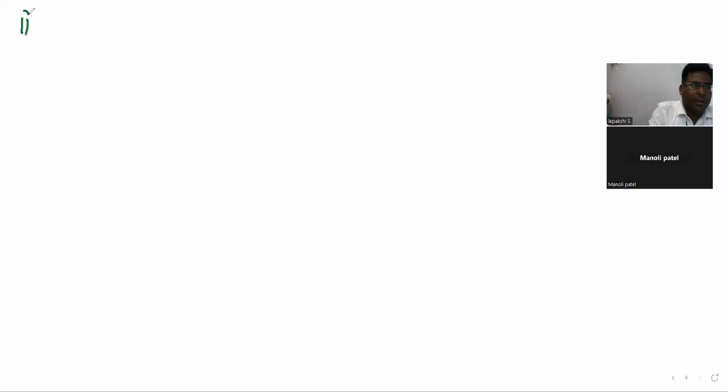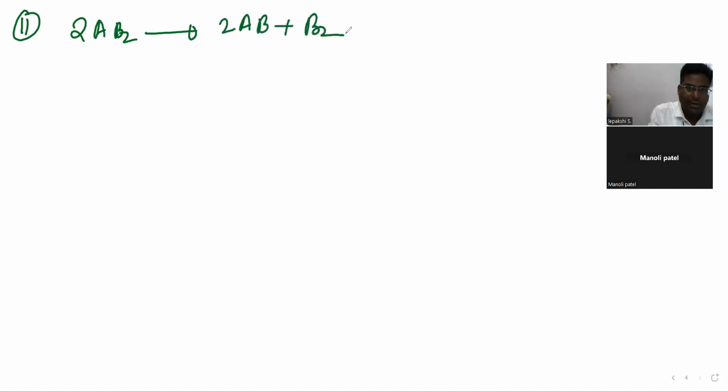Now see question number 11. Dissociation equilibrium of gas AB2 is represented as 2AB2. After balancing, 2AB2 dissociates into 2AB plus B2. The degree of dissociation is x, so here alpha is x.